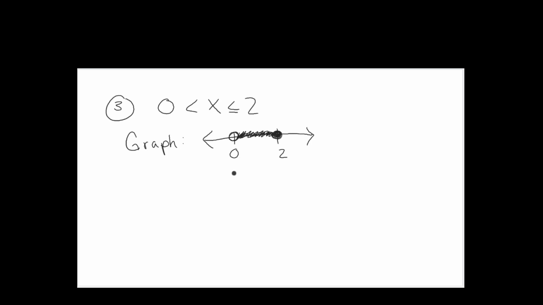And there we are. So when we write it in interval notation, we are just going to say 0 parenthesis, right? Because we're not including that value because it's a strict inequality. Because of the or equal to, we are going to have a square bracket.